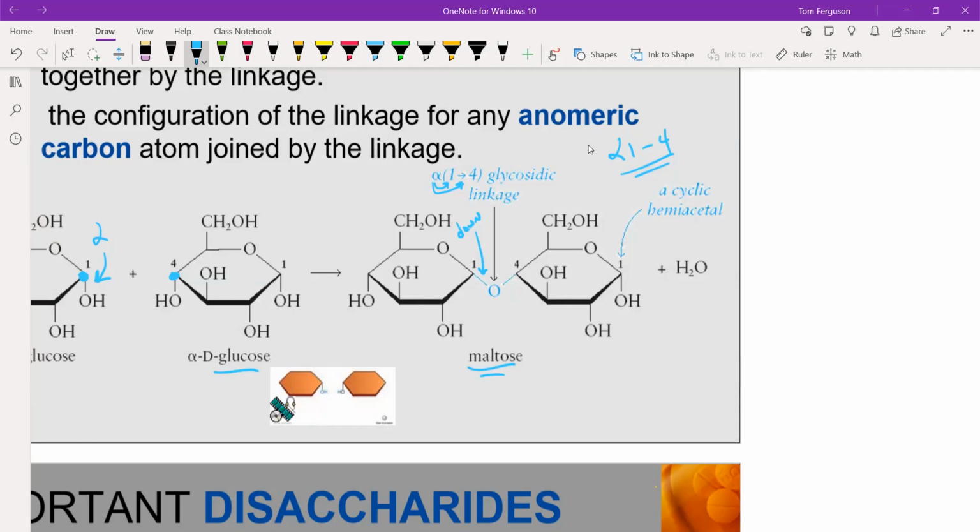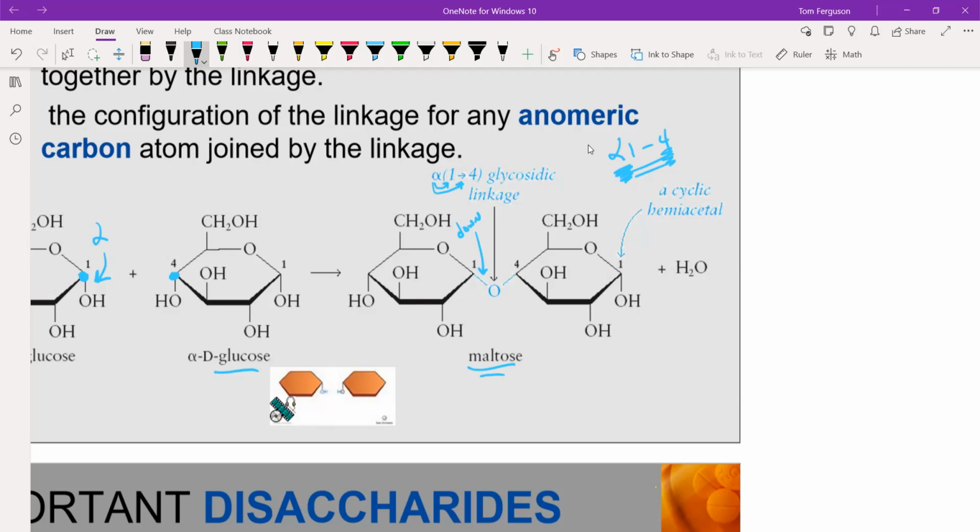So you don't have to specify alpha or beta; only the anomeric carbon can be alpha or beta, which is carbon number 1. So we're attaching an alpha linkage, because the OH is going down, to a carbon number 4 hydroxyl on the adjacent glucose. So that linkage is an alpha 1,4 glycosidic linkage.